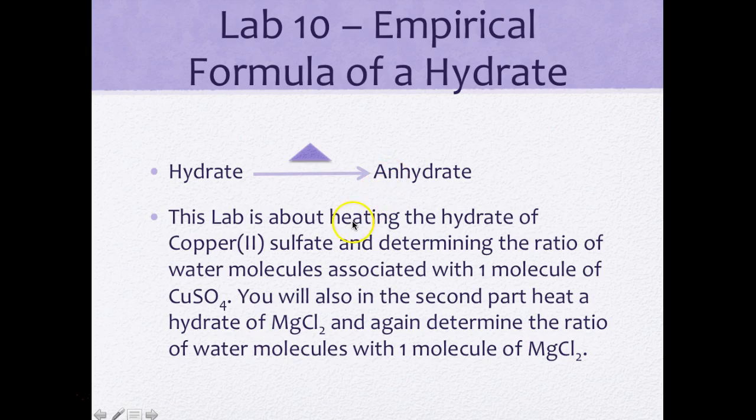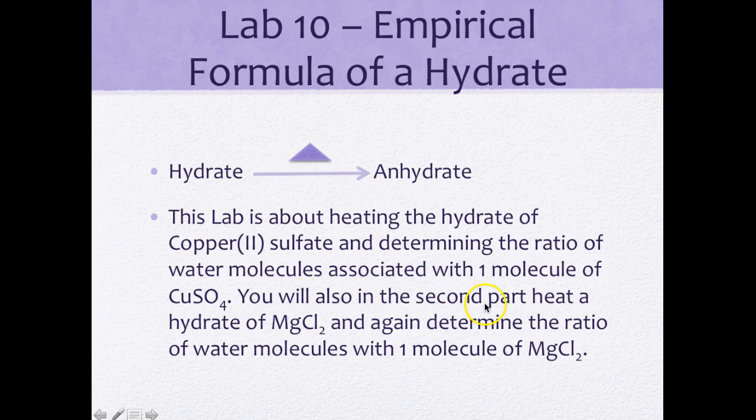So this lab is about heating the hydrate of copper 2 sulfate and then trying to determine how many molecules of water are associated with one molecule of the copper 2 sulfate. All right. So you're basically trying to determine the ratio of the water of crystallization to one molecule, or more precisely 1 mole, of the copper 2 sulfate.